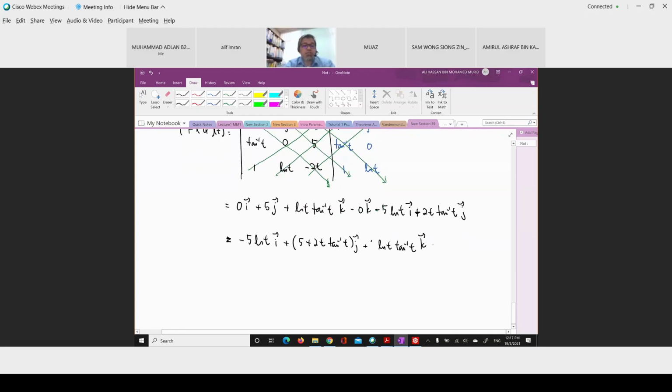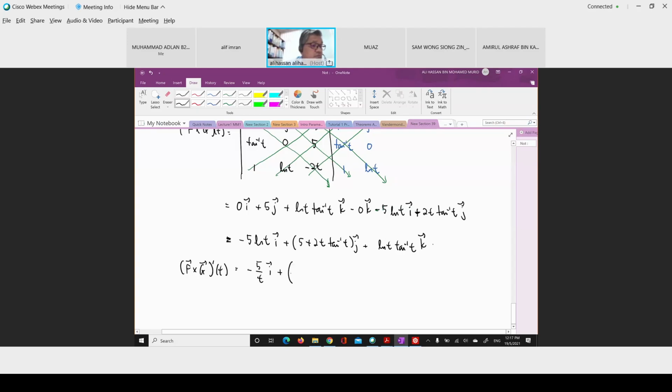And then to find the derivative of f cross g, we differentiate term by term. So the first term is minus 5 over t i. Let me just show you what the result is.